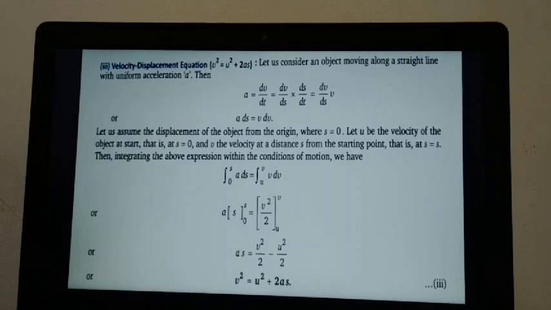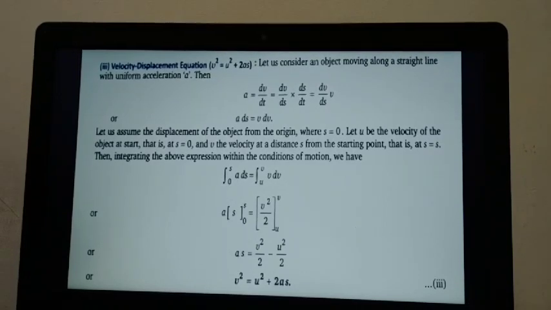Initially you find the object at origin with velocity u, and after a time t you observe it at s with velocity v. So the limit for ds is from 0 to s, and the limit for dv is from u to v. Very simple, no?